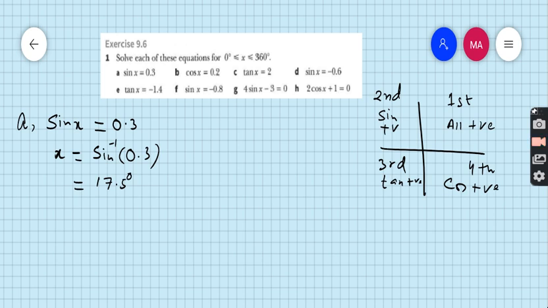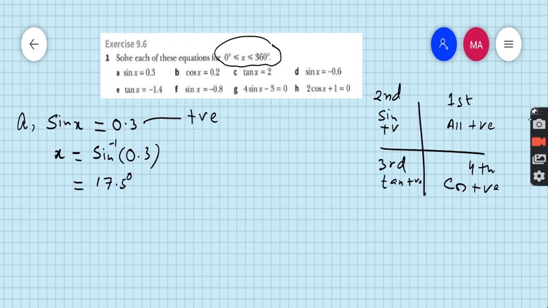But this is not our complete answer. Because our domain, as you can see on the screen, is from 0 to 360 degrees, and the value of sine x given, 0.3, is positive. So in how many quadrants is the value of sine positive? There are two quadrants. You can see on the right hand side of the screen.